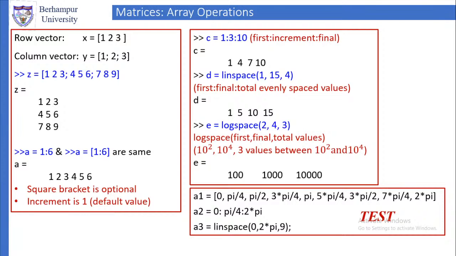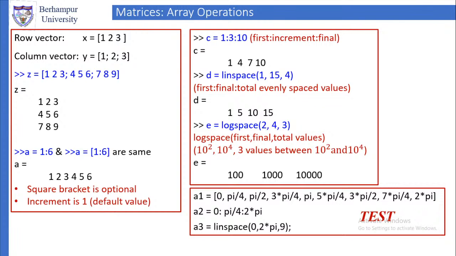So it starts with 1, then gets incremented by 1, then by 1 again, and keeps on incrementing till it reaches 6. The same thing I can write as A is equal to within square brackets 1 colon 6. So this shows the importance of the colon operator. Both these are the same. Square bracket is optional. You may use square brackets, you may not use them.